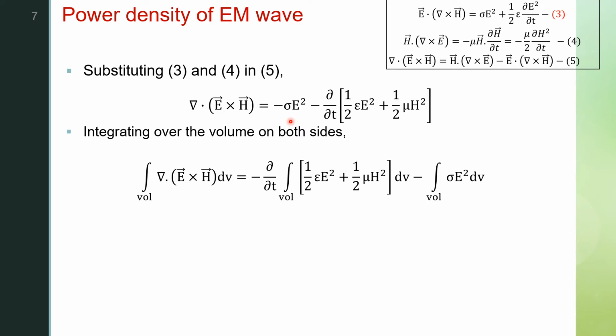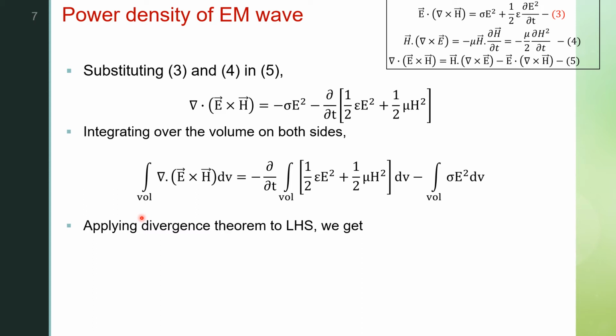So now let's take integration over the volume on both sides of this equation, that is over del dot E cross H. So we will get the volume integral of del dot E cross H is equal to minus ∂/∂t of the volume integral of half epsilon E square plus half mu H square, minus the volume integral of sigma E square dV. Here all the integrals are taken over volume, and we are talking about power density, which is power per unit area.